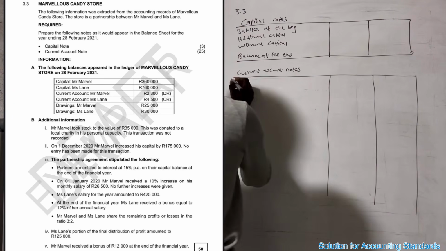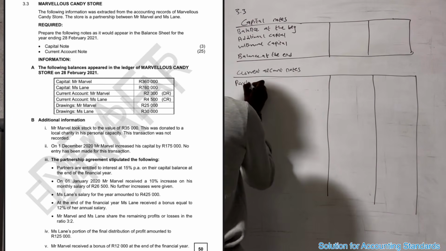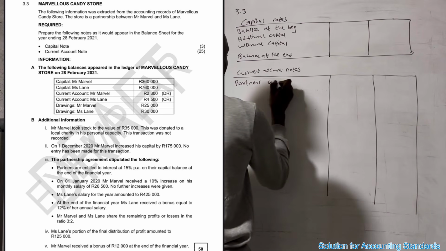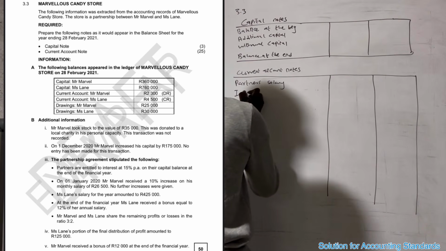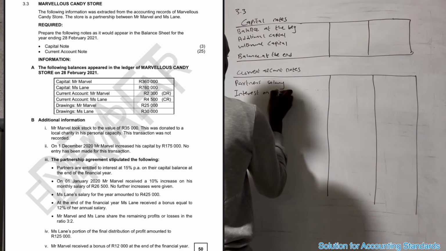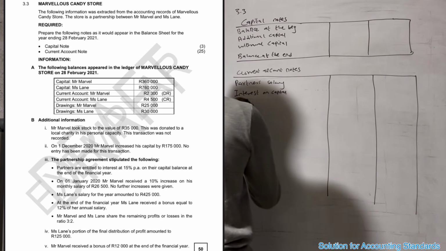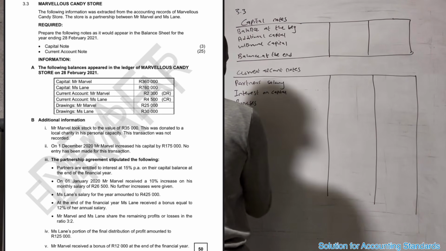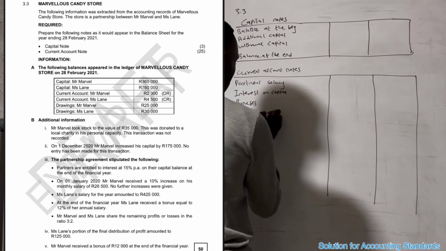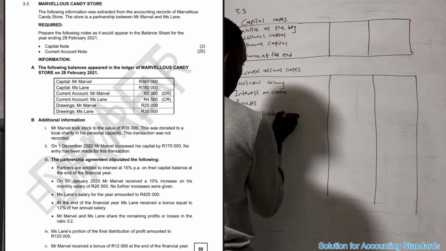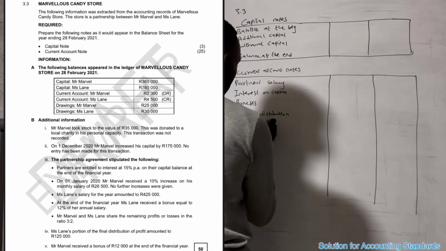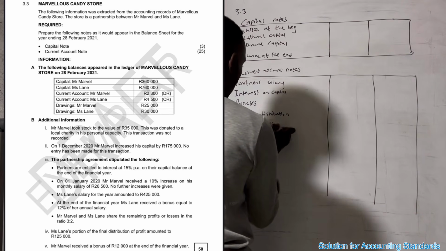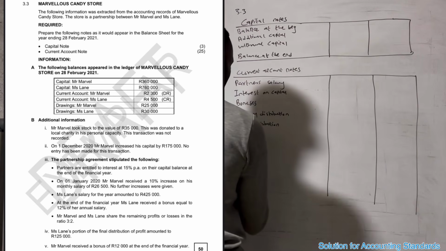We're gonna have a partner salary, interest on capital, bonuses, primary distribution, the final distribution, net profit.